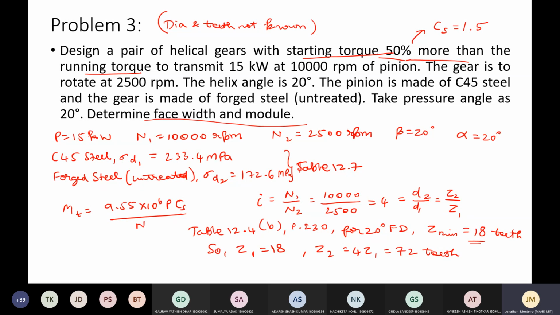From here it is all the usual procedure: sigma_d1 Y1, sigma_d2 Y2, find the weaker member. Then since teeth is known and diameter is not known, m_n cube C_v will be the starting factor for you, that is the iterating factor. Then you can proceed with other parameters.